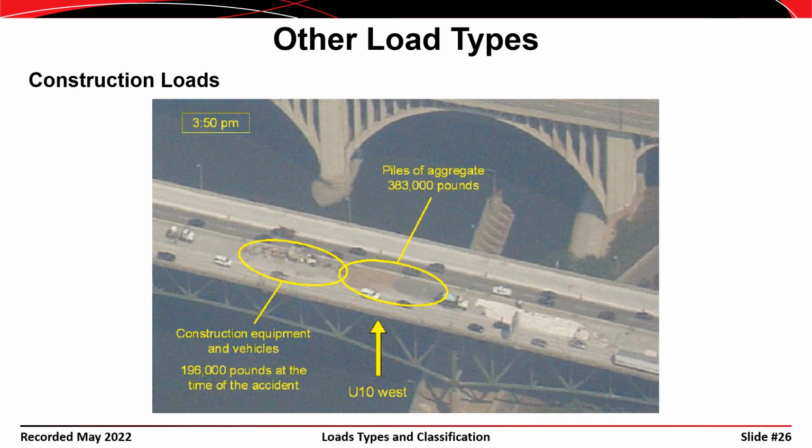So the point that I'm trying to make here is that loads that are on this bridge during construction probably far exceeded any load that the bridge was designed for or any load that the bridge experienced while it was open to normal traffic. So this is one thing to guard against, is storage of materials on structures during construction.